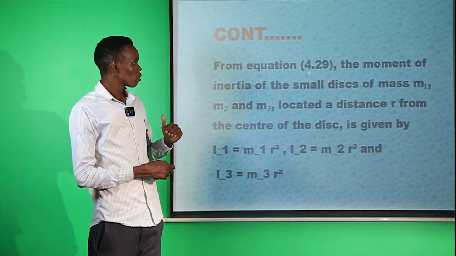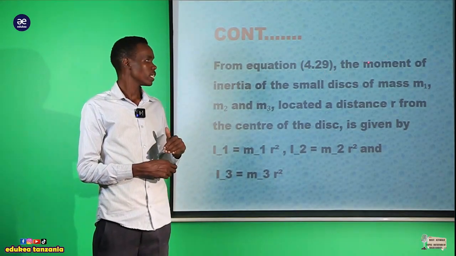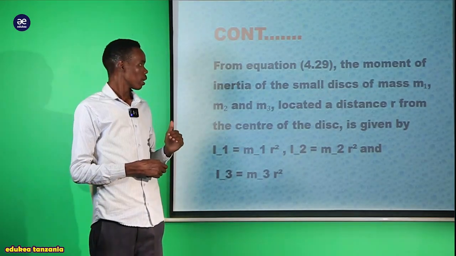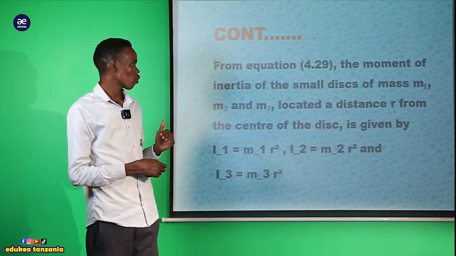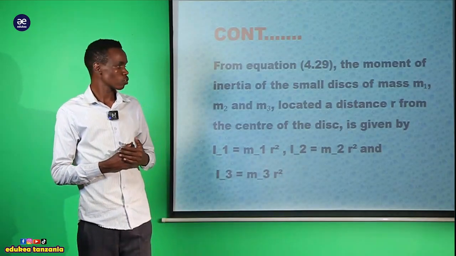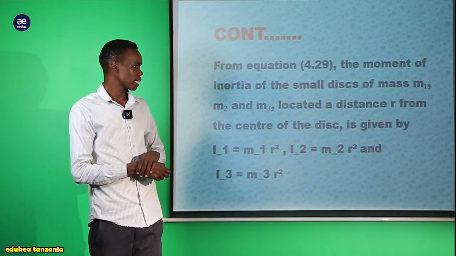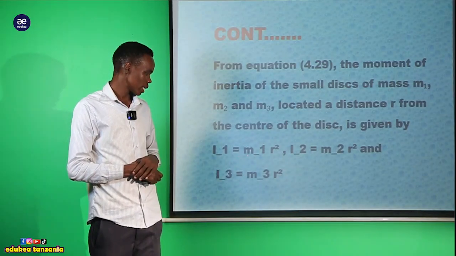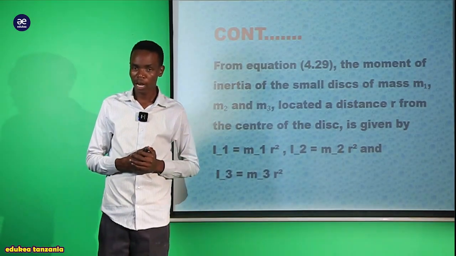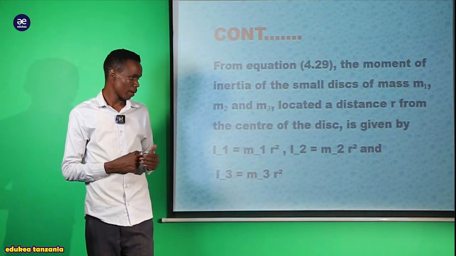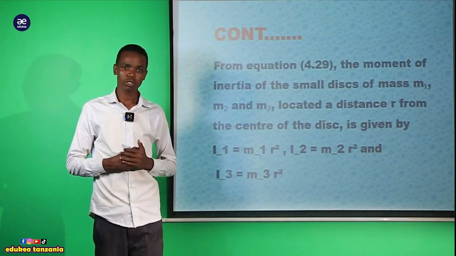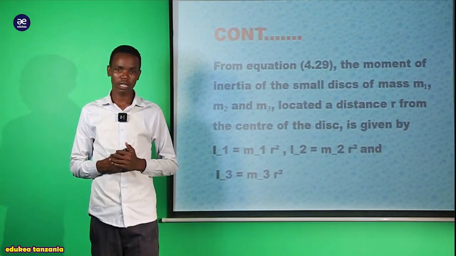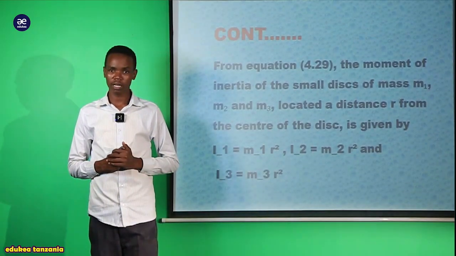Now, my dear student, from equation 4.29, the moments of inertia of the small disks of mass m1, m2, and m3, located at a distance r from the center of the disk, are given by I1 = m1 r², I2 = m2 r², and I3 = m3 r².